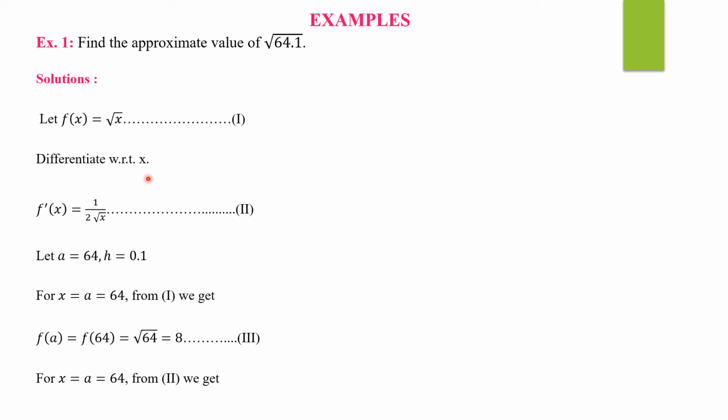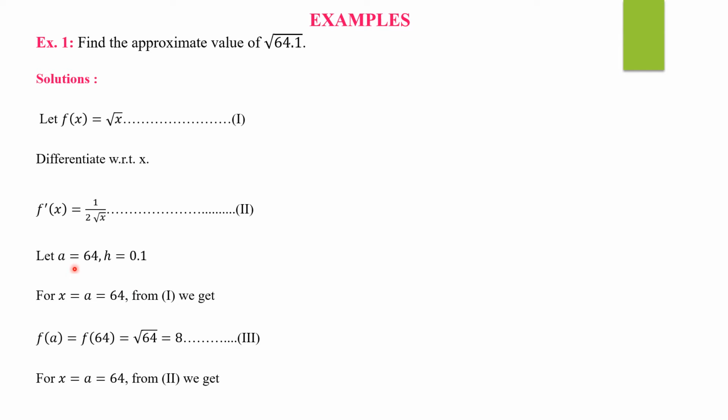Differentiate with respect to x, its derivative f'(x) = 1 / (2 root x), denoted by equation 2. The number 64.1 is split as 64 and 0.1.